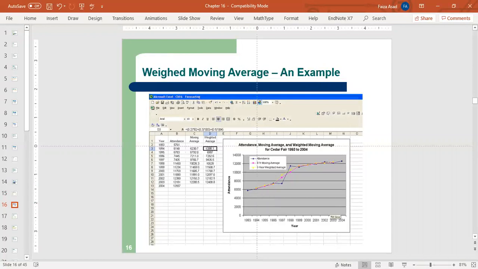So the weighted moving average is following the data points more closely as compared to the simple moving average method. So weighted moving average gives us more appropriate results than the simple moving average.